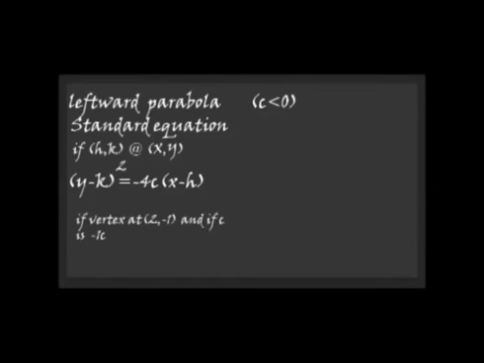For example, if the vertex is at 2 and -1 and c is -1, then just substitute the given to the equation. You can write -1c or just -c because there is a hidden 1 for every c or variable.